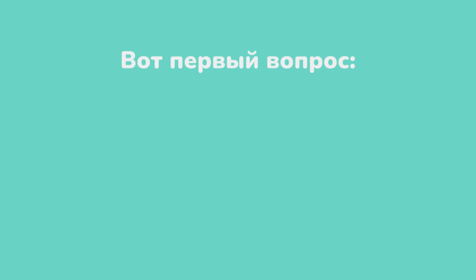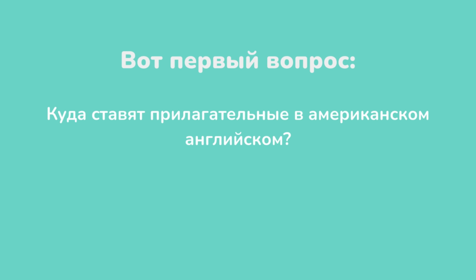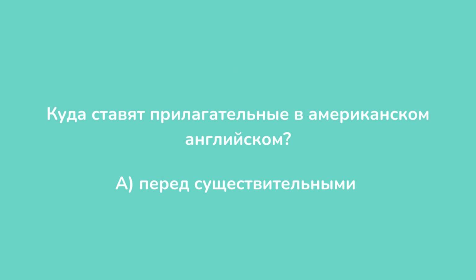Okay, everyone. Before we go, let's do a mini quiz. Here's question 1. Where do adjectives go in American English? Is it A, before nouns, or B, after nouns? The correct answer is A, before nouns.